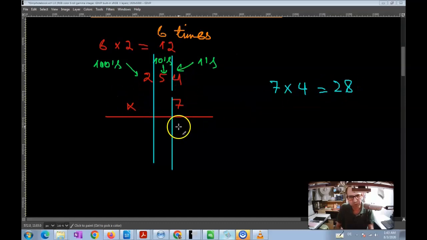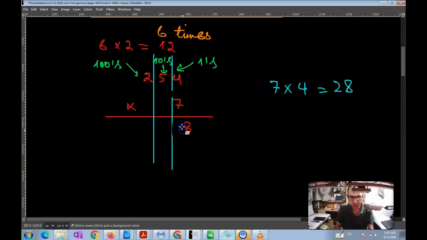I cannot write the 28 over here because this is the 1's place value, and in the ones place value you can write only one digit: 0, 1, 2, 3, 4, all the way up to 9. So the whole 28, I cannot write it over here.